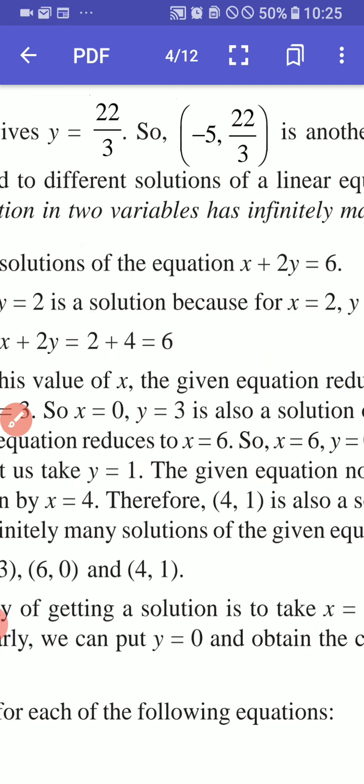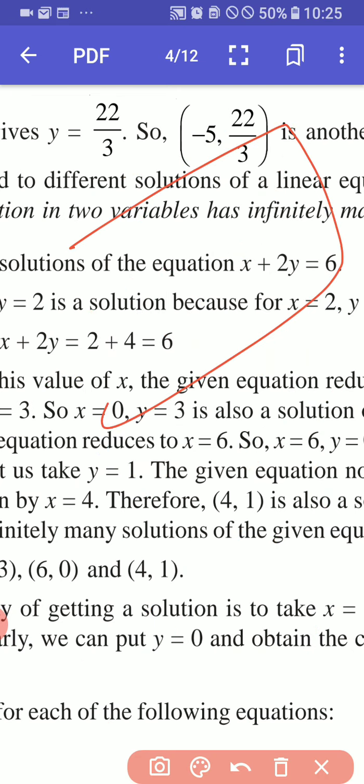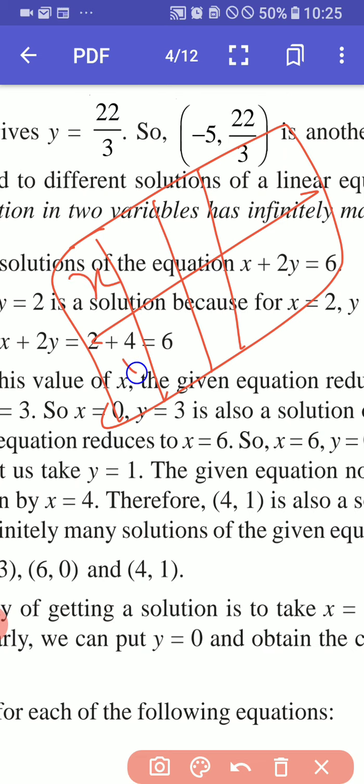Finally, you can write the solutions in the form of a table. If you want to write four solutions, you just find four solutions, 1 2 3 4. At first you find x is 0 and y is 3. Second solution, y is 0 and x is 6.